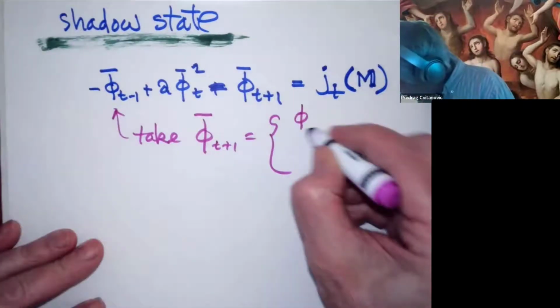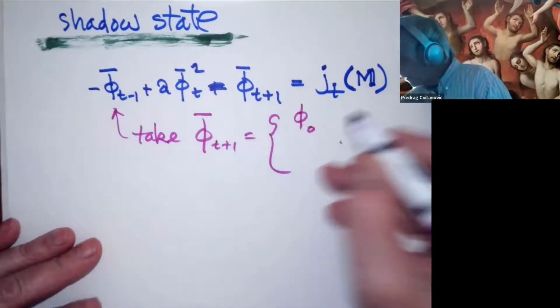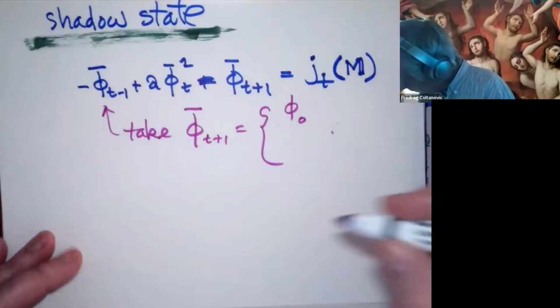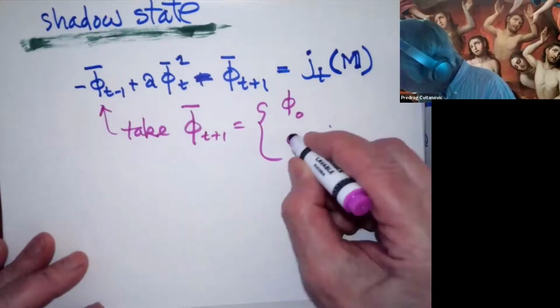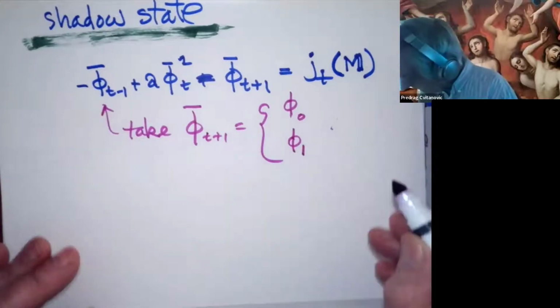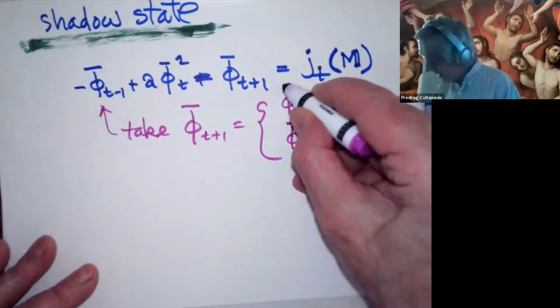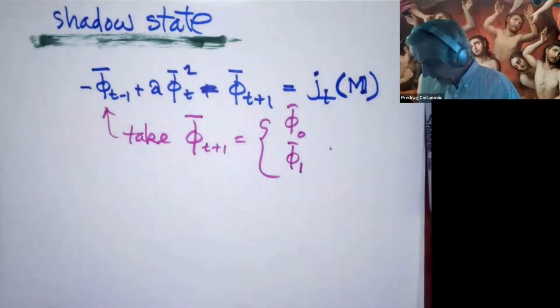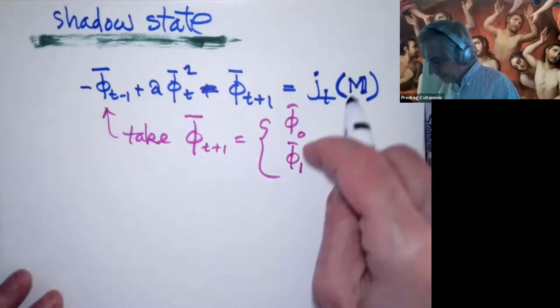So it's the fixed point, that's just the value on this axis, F0 or F1 hat, depending on what M was for that thing.